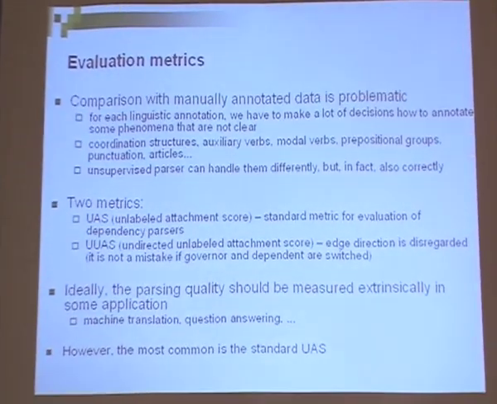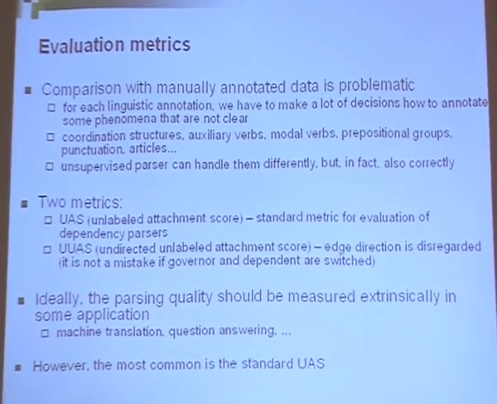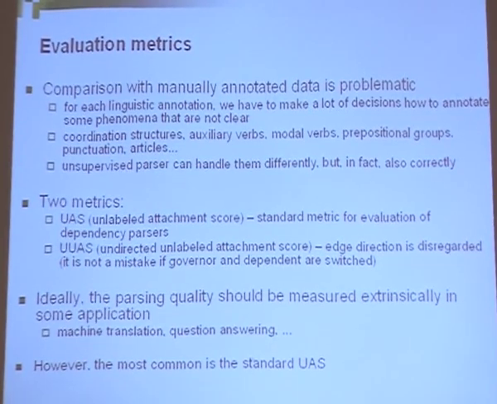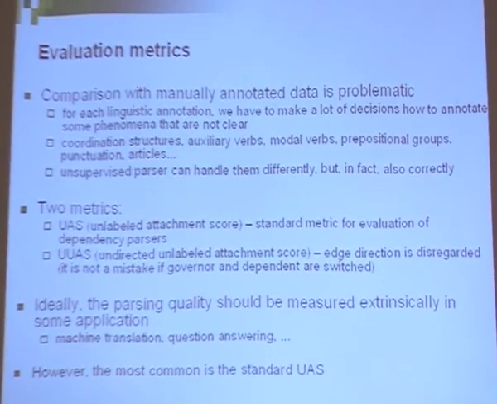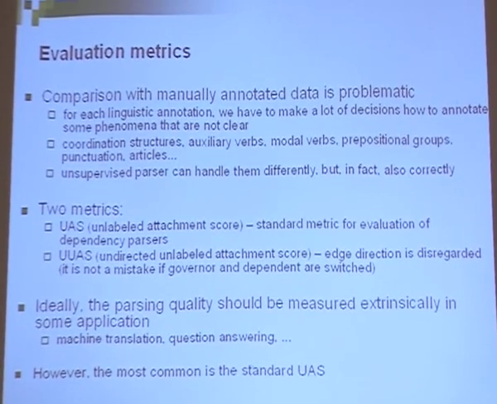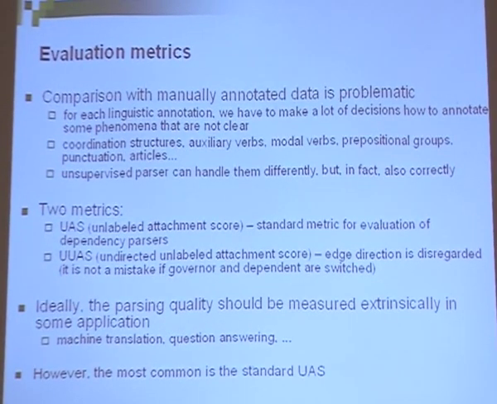The problem is that when we do linguistic annotation, we have to make a lot of decisions on how to annotate some problematic notions or phenomena, like how to attach auxiliary verbs or modal verbs, whether a modal verb should be above the main verb or below the main verb, what to do with coordination structures or prepositional groups, how to handle punctuation, everything. The annotators have to decide somehow how to annotate it.